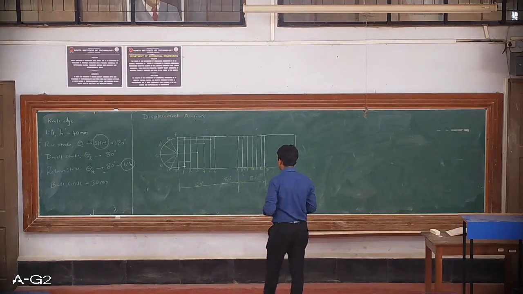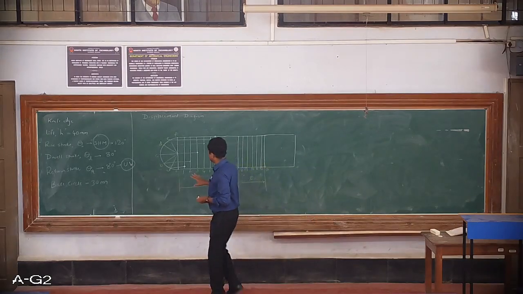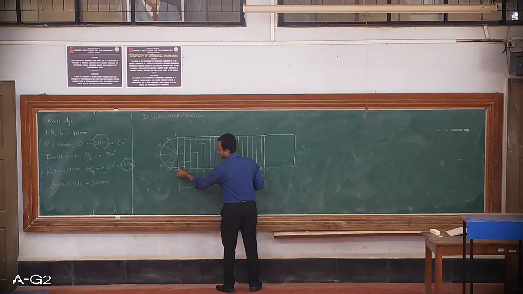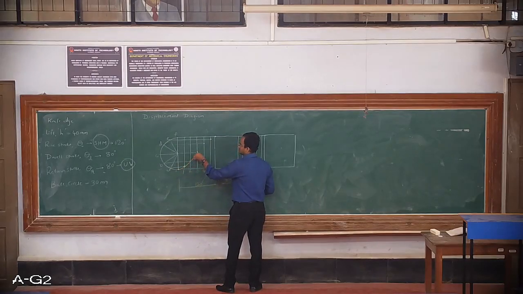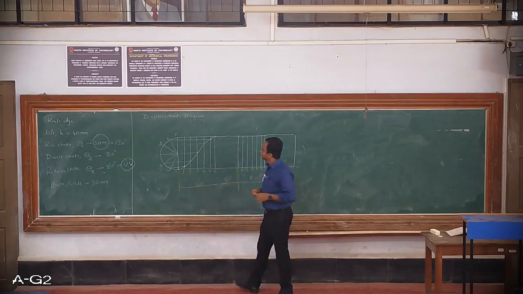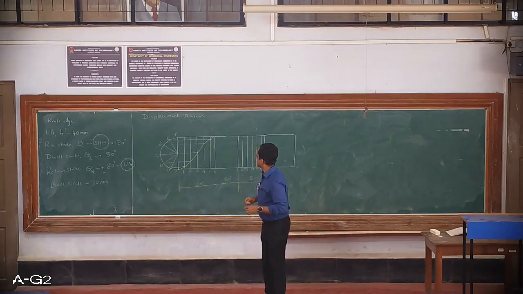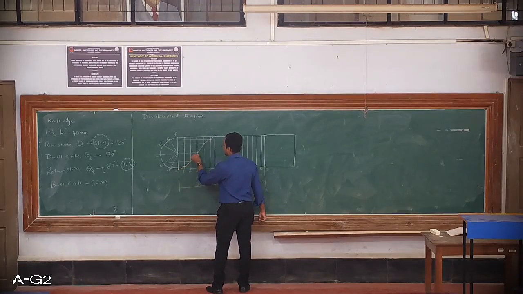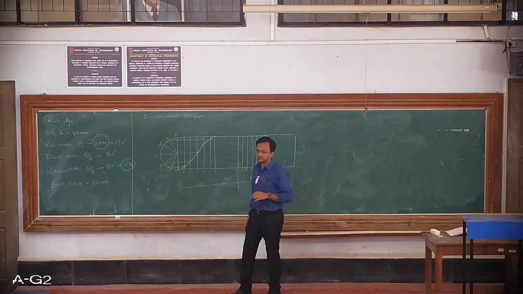Once they are done, we have to just join them by using a smooth curve starting from this initial point. So this is a smooth curve that you are supposed to use here by joining these points up till here.